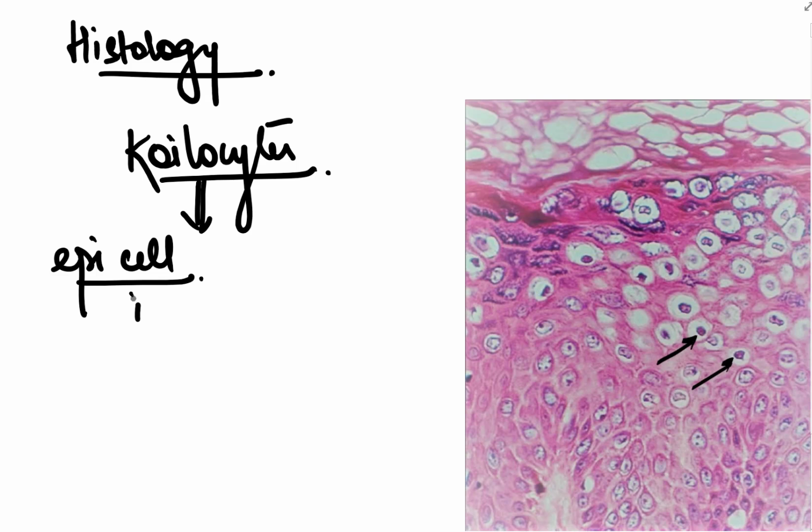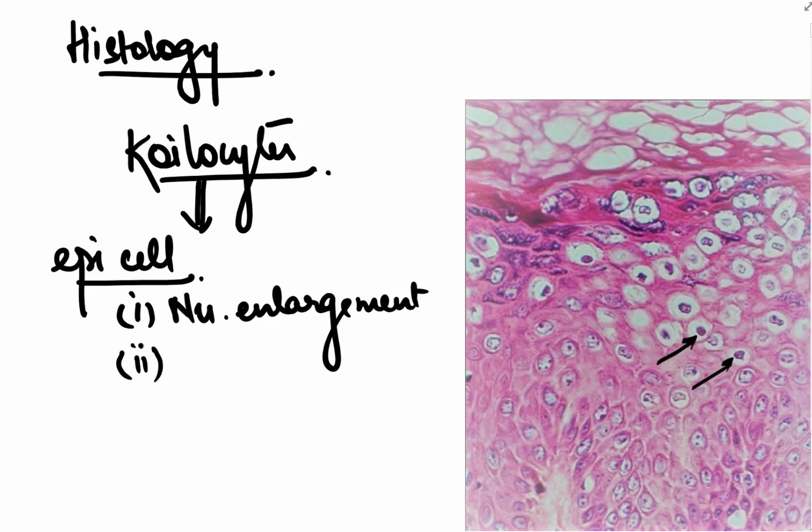You can see that these epithelial cells or keratinocytes present with nuclear enlargement, so the nucleus is large. Then another structural change is an irregular nuclear membrane.